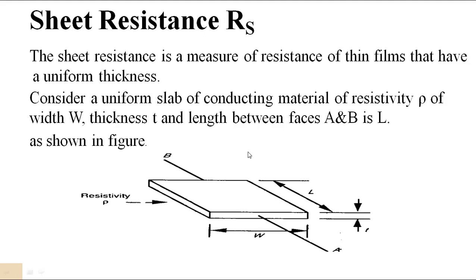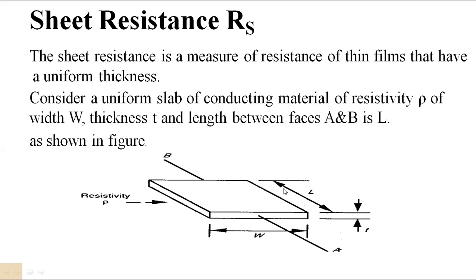Consider a uniform slab of conducting material of resistivity rho, with width W, thickness T, and length between opposite faces A and B equal to L.